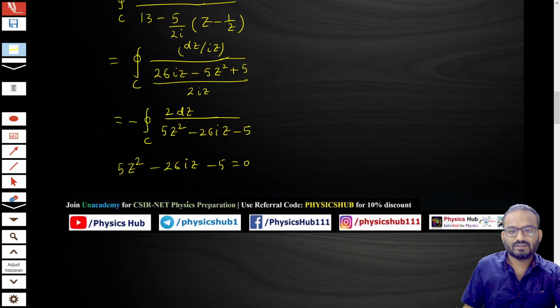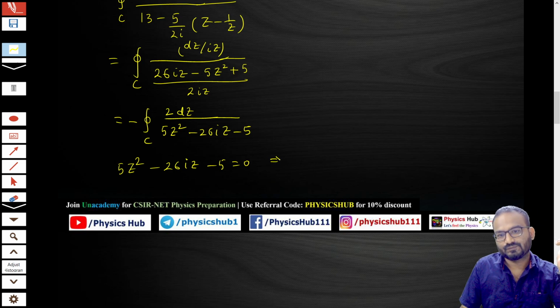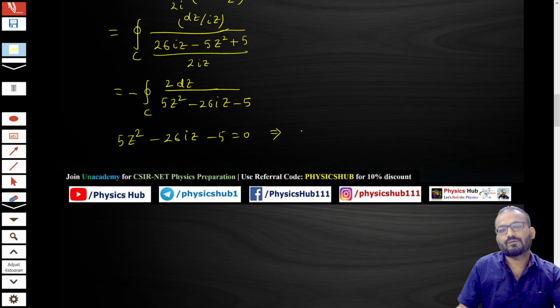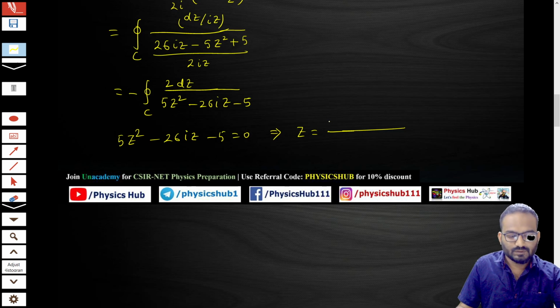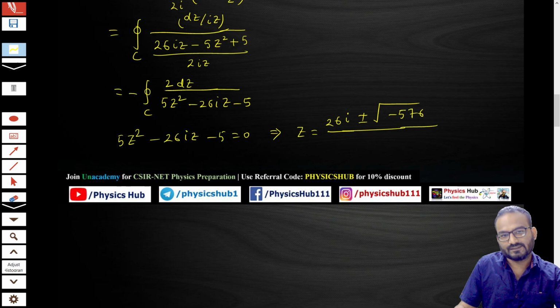Now if you set the denominator equal to 0, you can get two values, right? It is a quadratic equation involving complex numbers, so you can utilize the Sridharacharya formula. So this will give you 26i plus minus the root of b square minus 4ac, so minus 576, divided by 2 into 5, so 10.